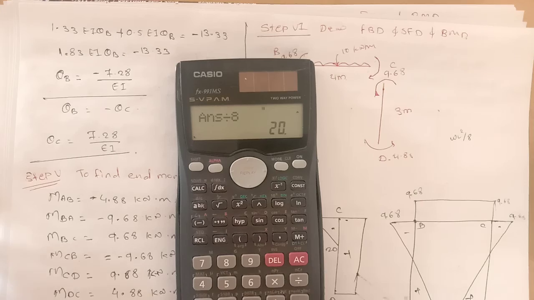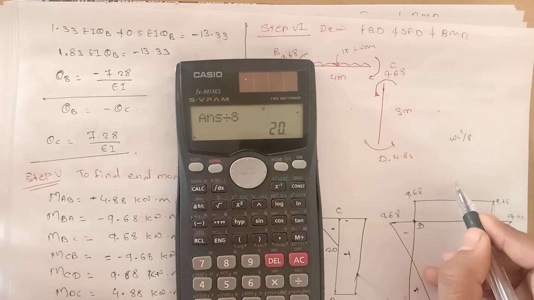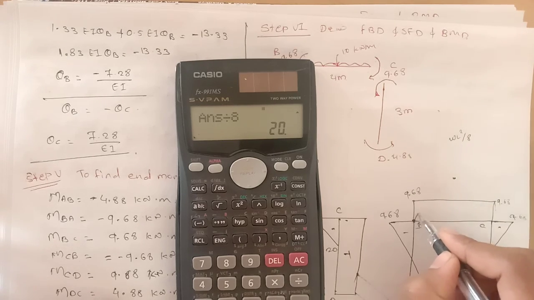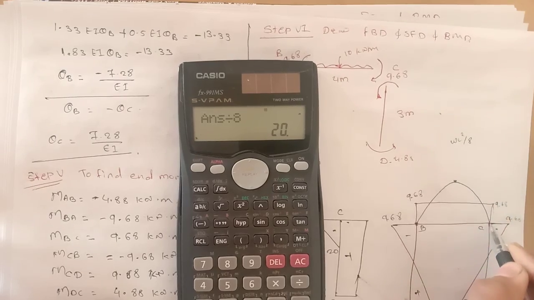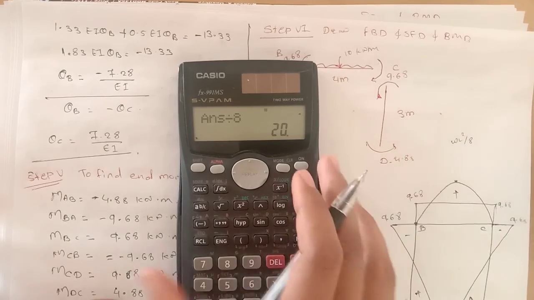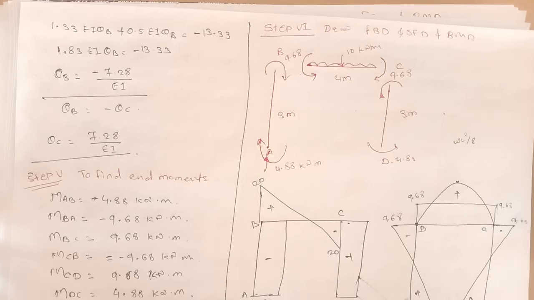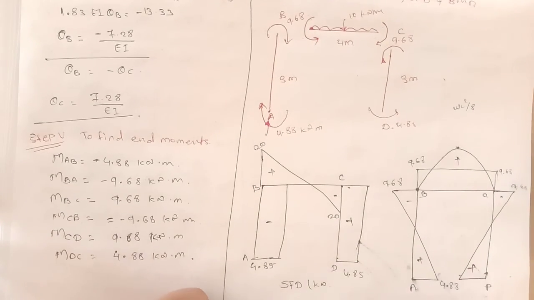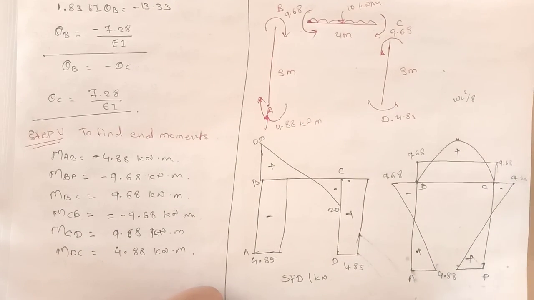So the answer is 20. So approximately the diagram is like that, here positive sign. So this is our bending moment diagram in kilonewton meter.